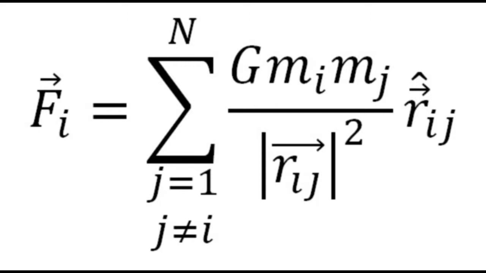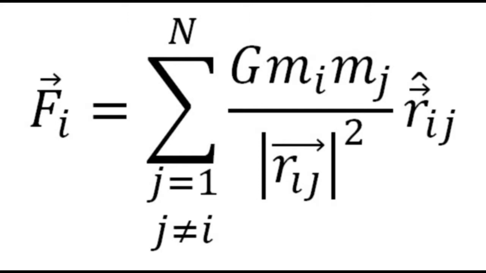So what does this mean? This simply means that we take this product of G, mi, and mj over the distance between them squared times the unit vector that connects the two of them. And then we add all of those components up, and that is the total force on the mass i.